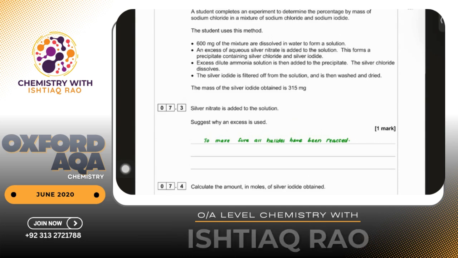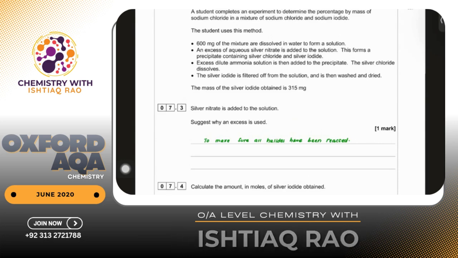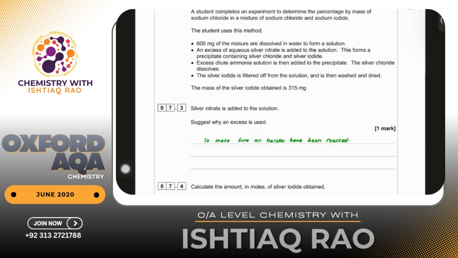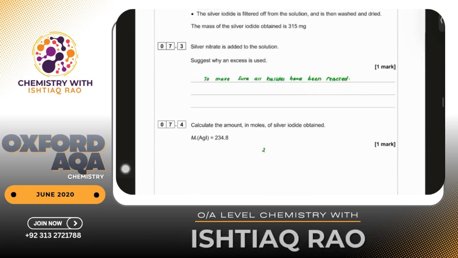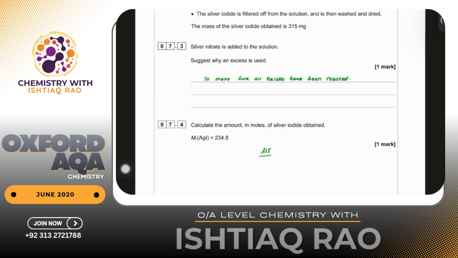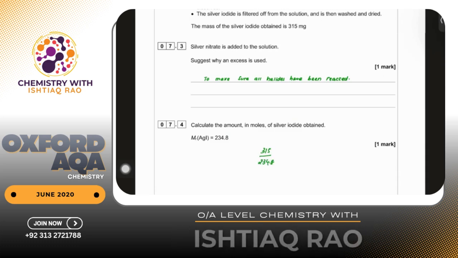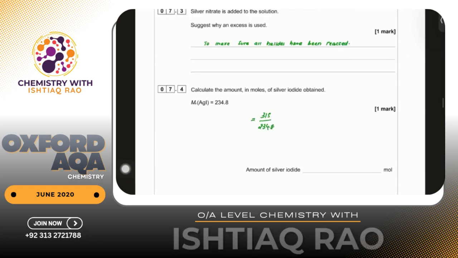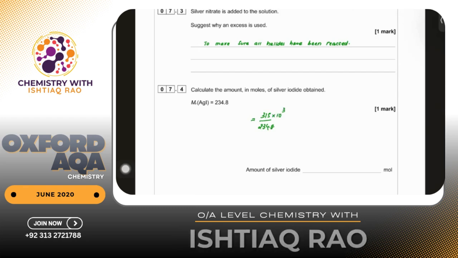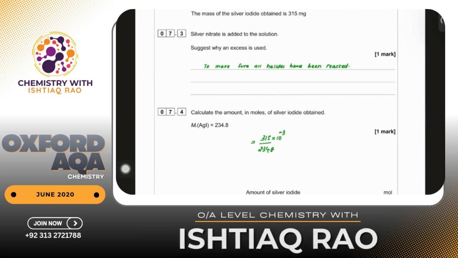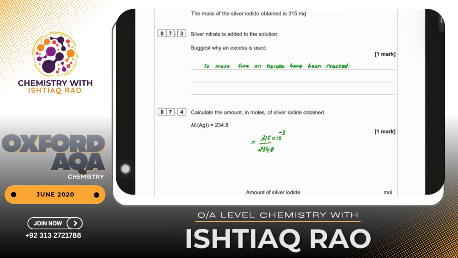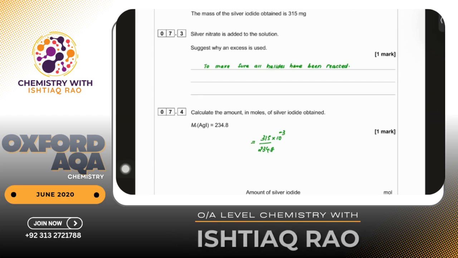So we'll just do 315 divided by 234.8. 315 milligrams divided by 234.8, which I'll have to convert into grams. So convert 315 into grams, right? So 10 raised to the power minus 3, because we are going from milligram to gram.